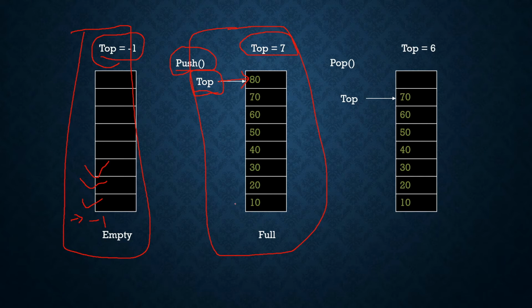Let's count: this is 0, 1, 2, 3, 4, 5, 6 and 7. So that's why top is equal to 7.